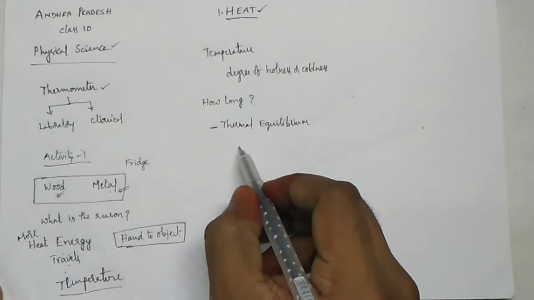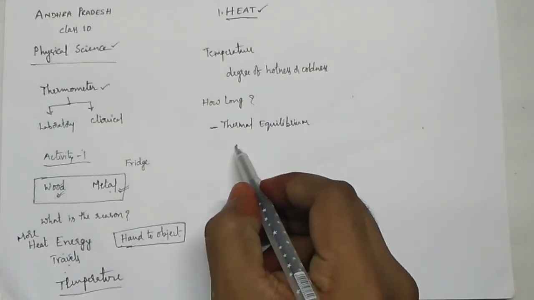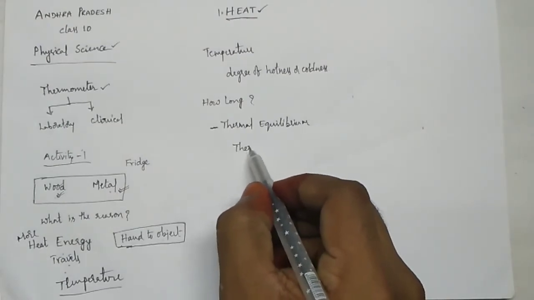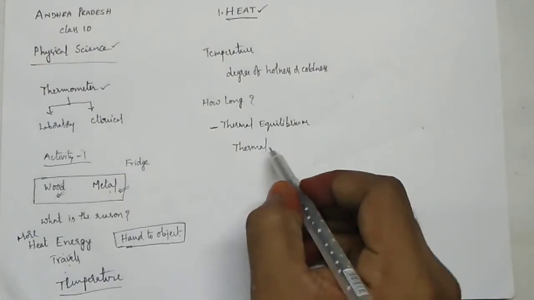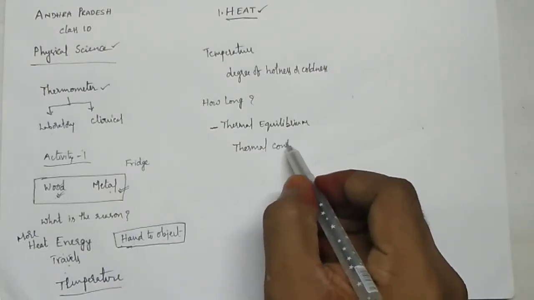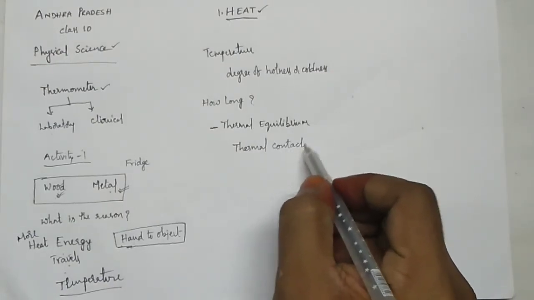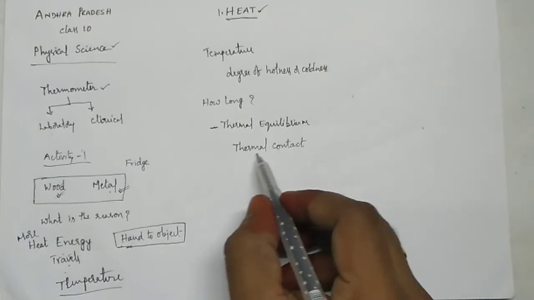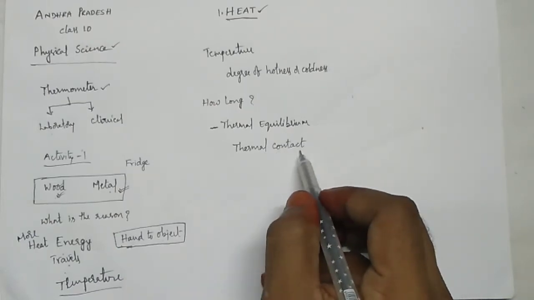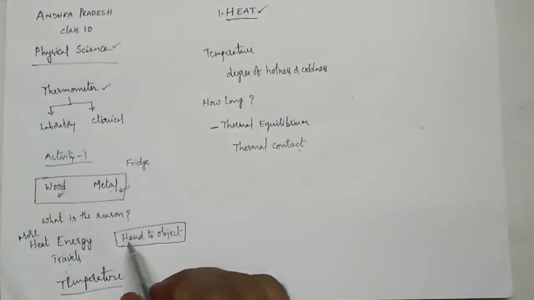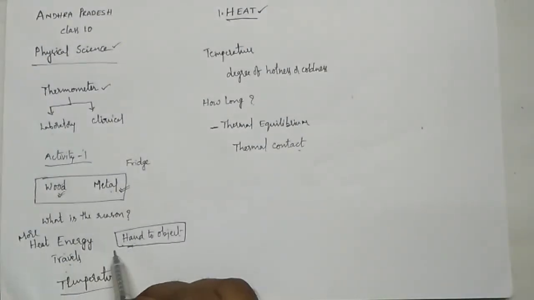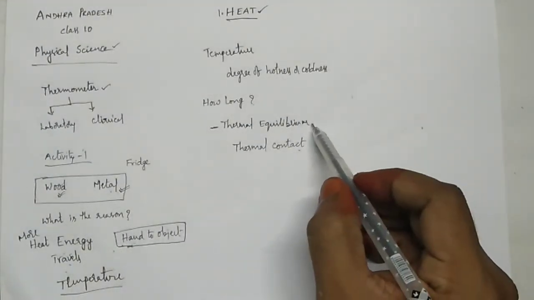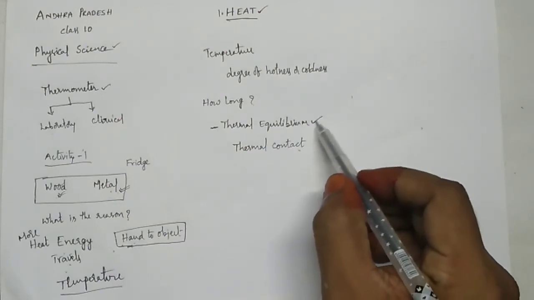The objects which were in contact, their contact is called thermal contact. So the bodies which are in thermal contact stop exchanging heat energy when they achieve thermal equilibrium.